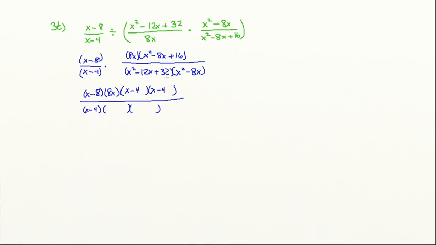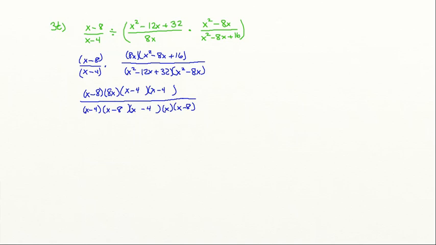Two numbers that multiply to 32 and add to negative 12. Minus 8 and minus 4. And x squared minus 8x, we can factor out an x. And you get x minus 8. So everything is factored. They're all inside wonderful little brackets.